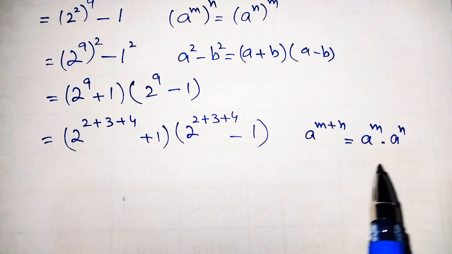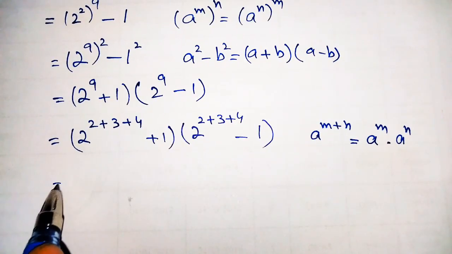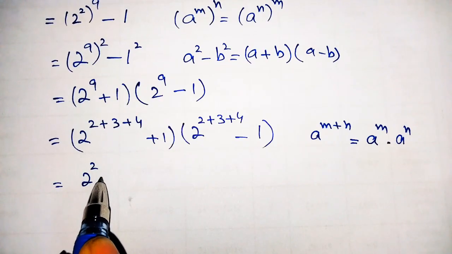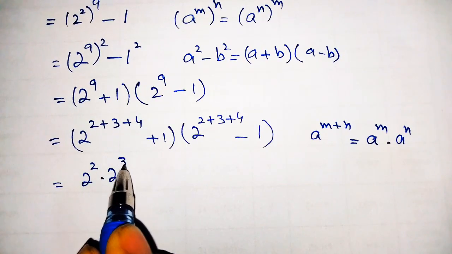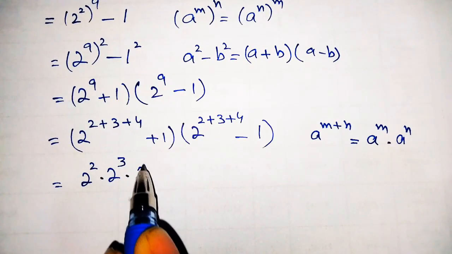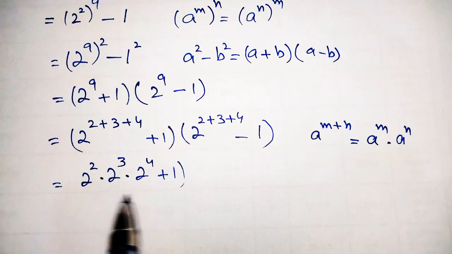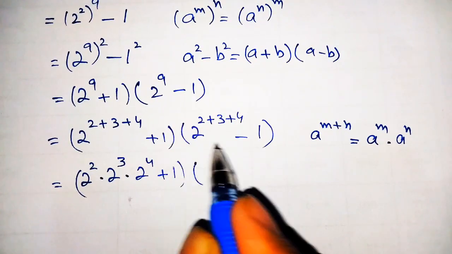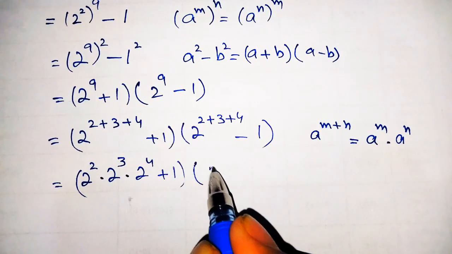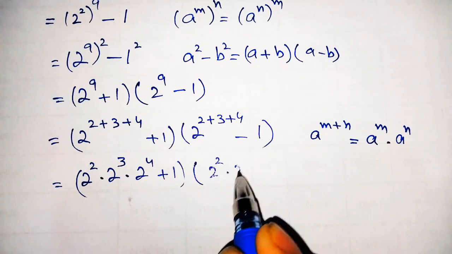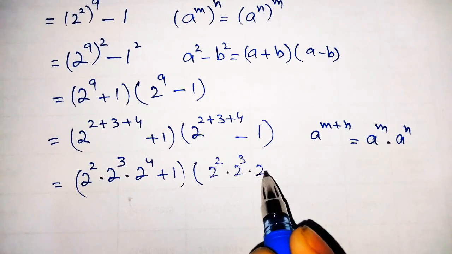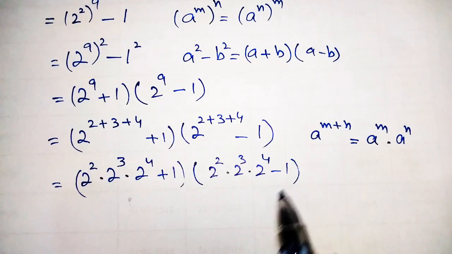So we can write this term as 2 raised to power 2 times 2 raised to power 3 times 2 raised to power 4 plus 1, and similarly 2 raised to power 2 times 2 raised to power 3 times 2 raised to power 4 minus 1.